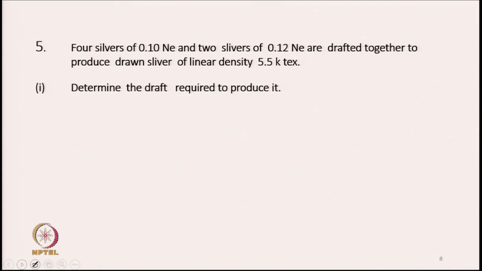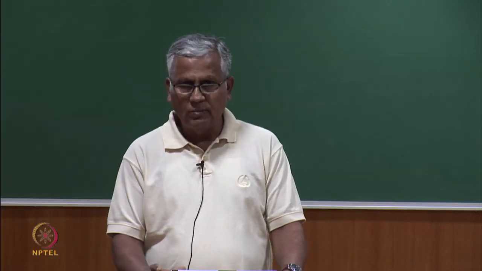So, this is a mixed unit. The problem was given so that you know the conversion formula, Ne to tex or tex to Ne. This you should always remember. Few formulae one has to memorize and remember. These constants that we use for switching from one counting system to another counting system, you must remember.